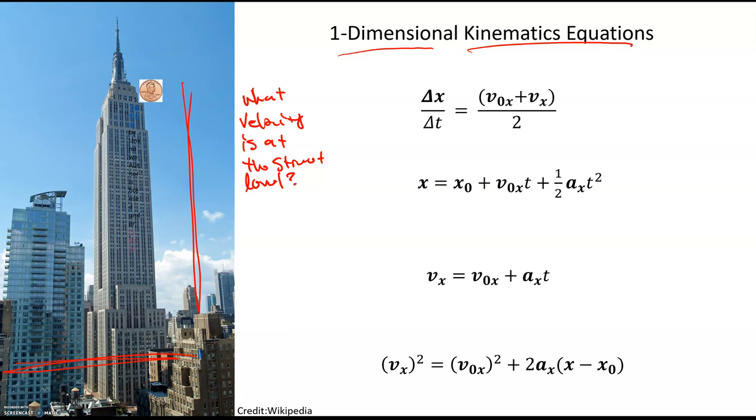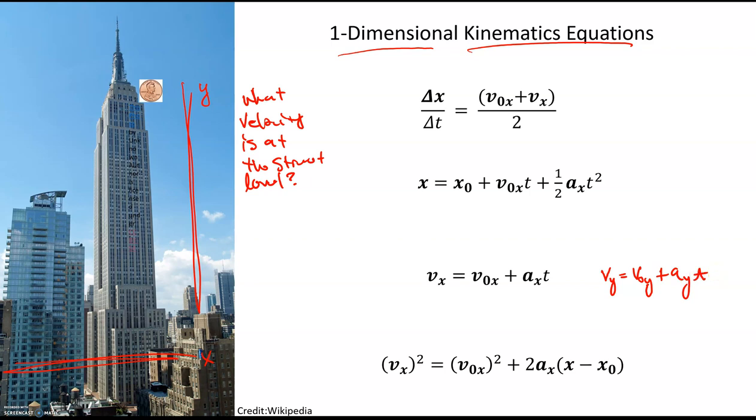It's just going to change what these labels are. So horizontal motion will be x, and for vertical motion, it will be y. All you need to do is just replace where there's an x with a y. So this equation here will just be Vy is equal to V naught y plus Ay t.